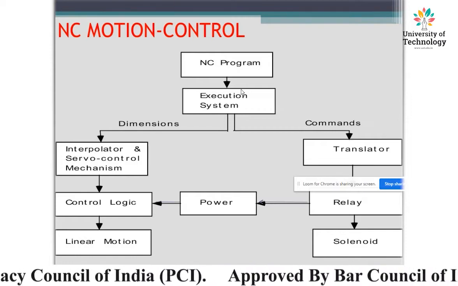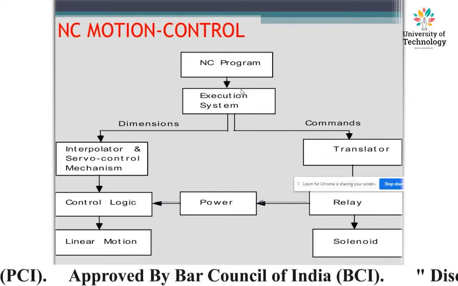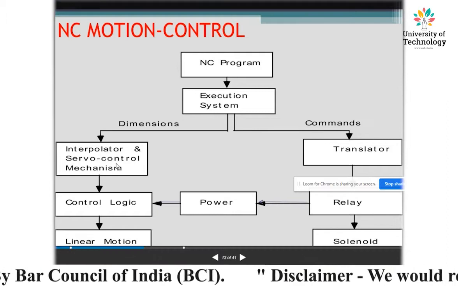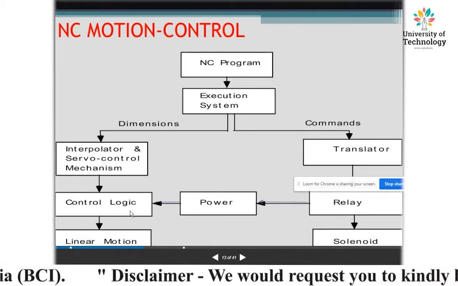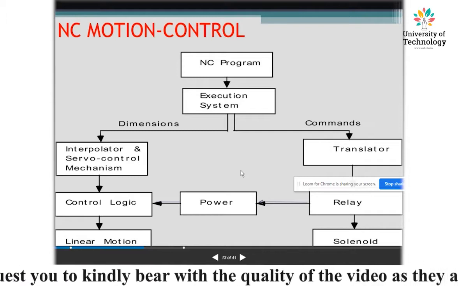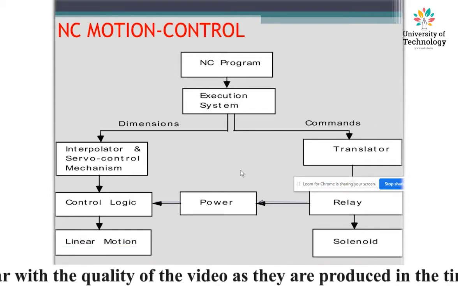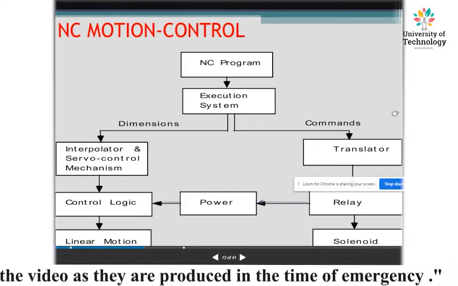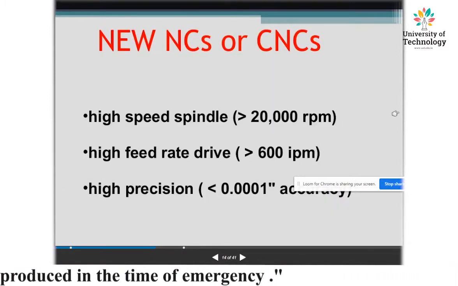Dimensions involve the interpolator, the servo control mechanism, control logic and linear motions, and the commands are read by translators, relays, solenoids, and power systems. So this is the NC motion control block diagram.